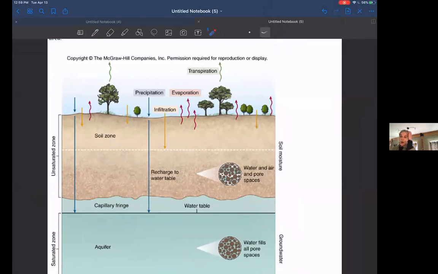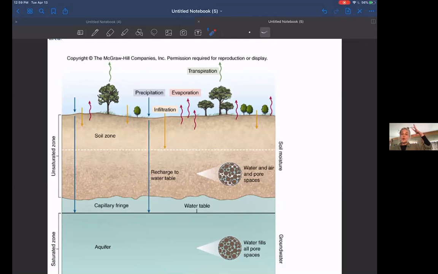So as water hits the soil, it can be stored in the soil. So we could have soil moisture as being a storage. So this is another storage. So as the water moves down through the soil from rain, we have what is called infiltration.